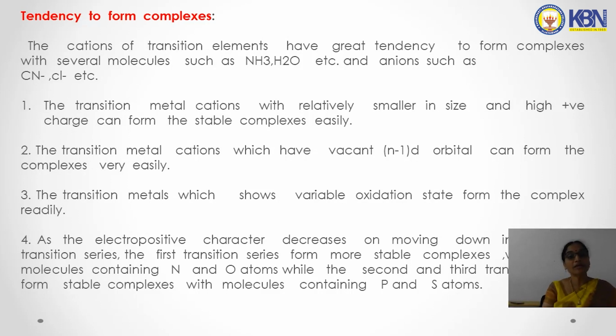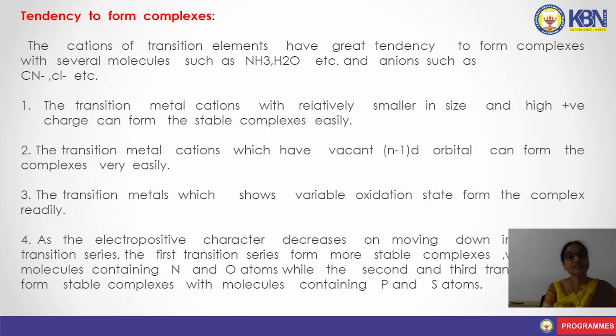Next, another important characteristic of d block elements is their tendency to form complexes. The cations of transition elements have a great tendency to form complexes with molecules such as ammonia and water, and with anions such as CN-, Cl-, etc. Transition metal cations that are relatively small in size and have high charge can form stable complexes.